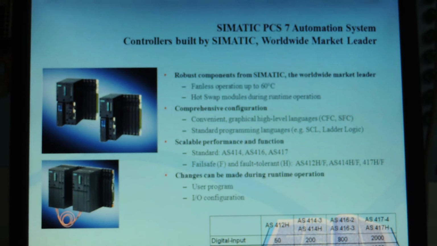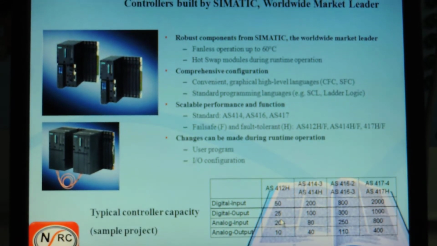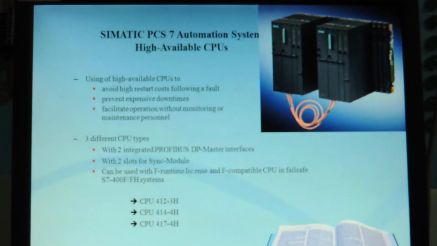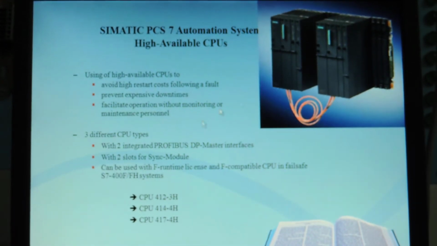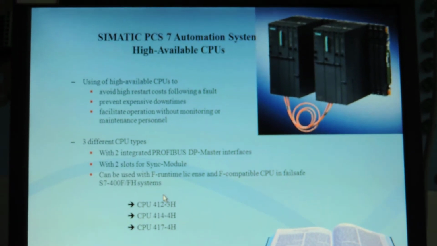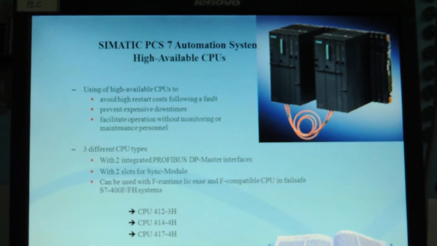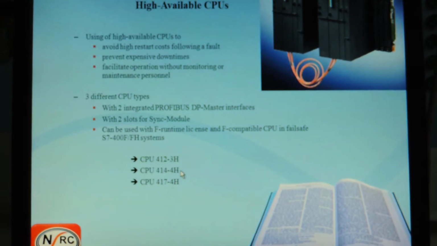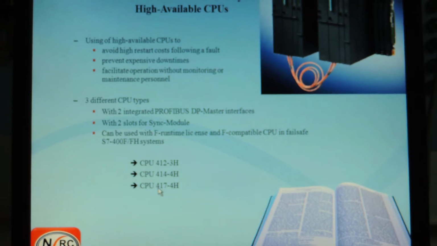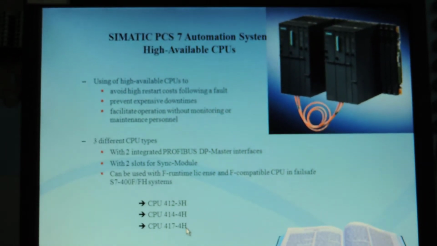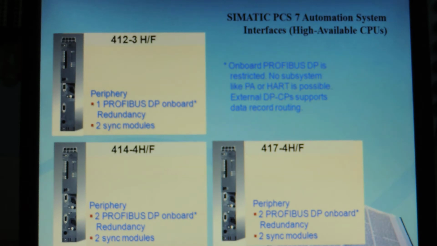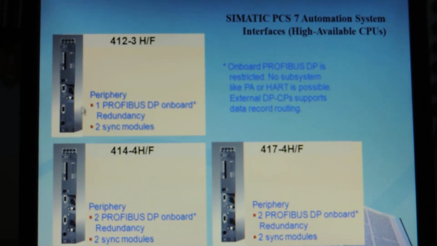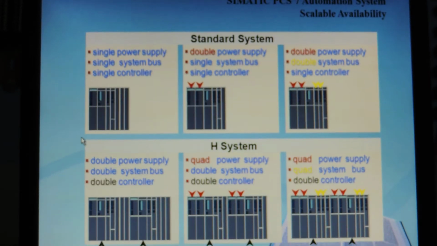For these models, how many digital inputs and outputs are available is given. And this is the hardware configuration, and these are the CPU names: CPU 1423H, CPU 1444H, CPU 41H, 4H, like this we have different types of CPU models, and the corresponding images are these, where we connect the peripherals.